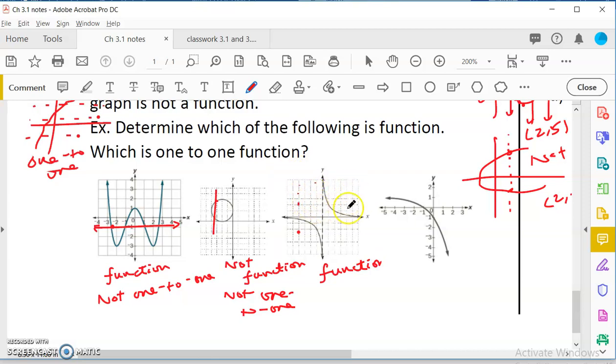No, I only cut it once. And on the other branch, I only cut once, so it's also one-to-one. So this is the one that is both a function and one-to-one. The first one is only a function. How about this? If I cut vertically, I only get 1 point. If I cut horizontally, I only get 1 point. So it's a function as well as one-to-one.